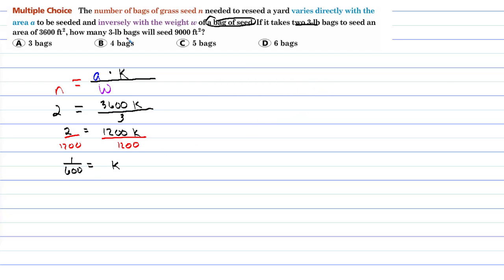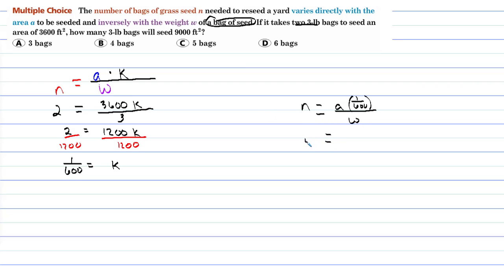So we're now going to find out how many 3-pound bags of seed we'll need for 9,000 square feet. N, our number of bags, is equal to area times 1 over 600, divided by our weight.